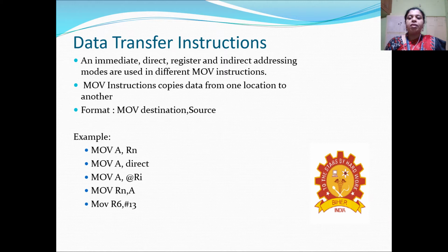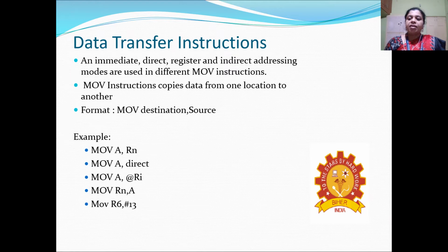An example of a data transfer instruction is the first one, MOV A, Rn, in which the data from the register is moved to the accumulator. The second one, MOV A, direct, meaning the content from the memory location.